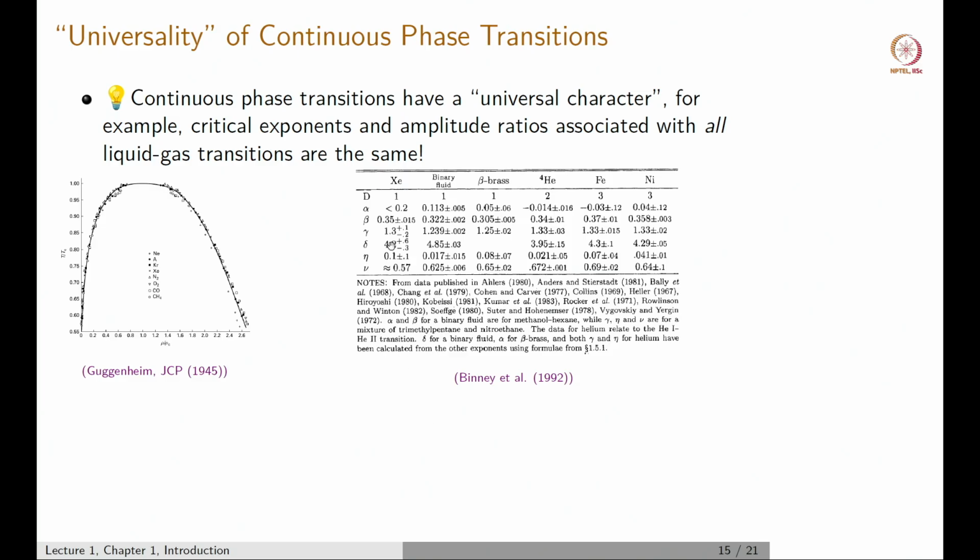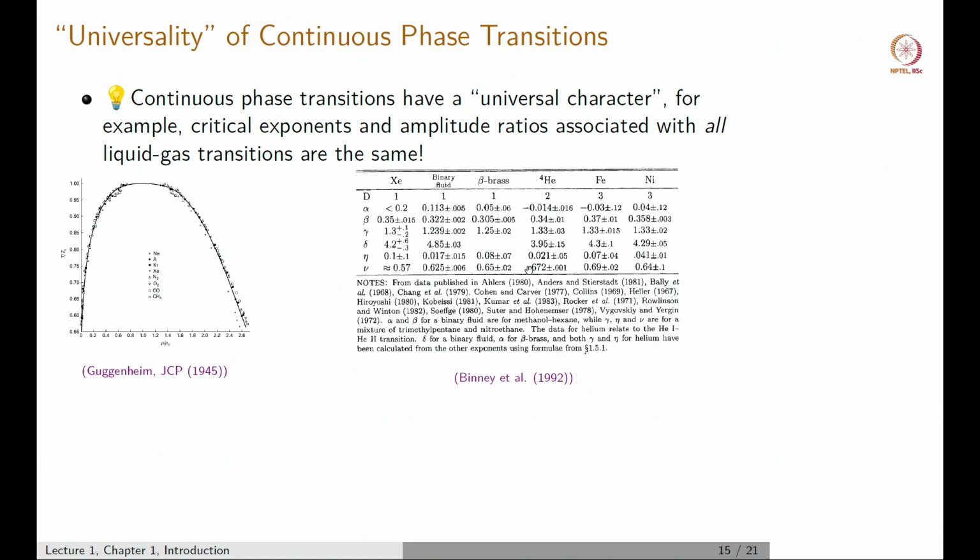We can see very different systems have the same critical exponents irrespective of what microscopic constituents were producing the phase transition. There are different types of criticality here. You see in these three columns, there are three different systems.